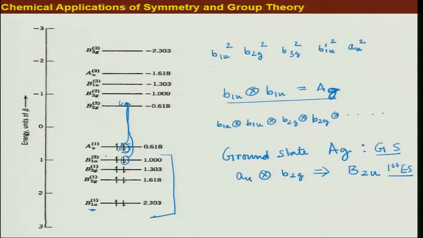Okay. So this orbital is now occupied by a pair of electrons, while B1U is singly occupied, and B2G is singly occupied. So here I have to worry about the direct product of B1U and B2G.